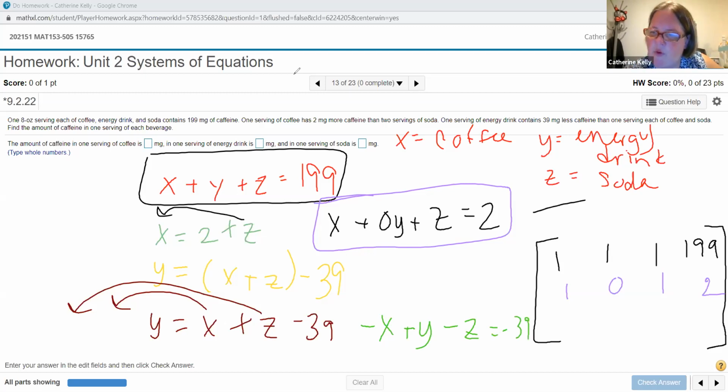So we have negative 1, 1, negative 1, and negative 39. And remember, this is your X, your Y, and your Z. So it's your coffee, your energy drink, and your soda.